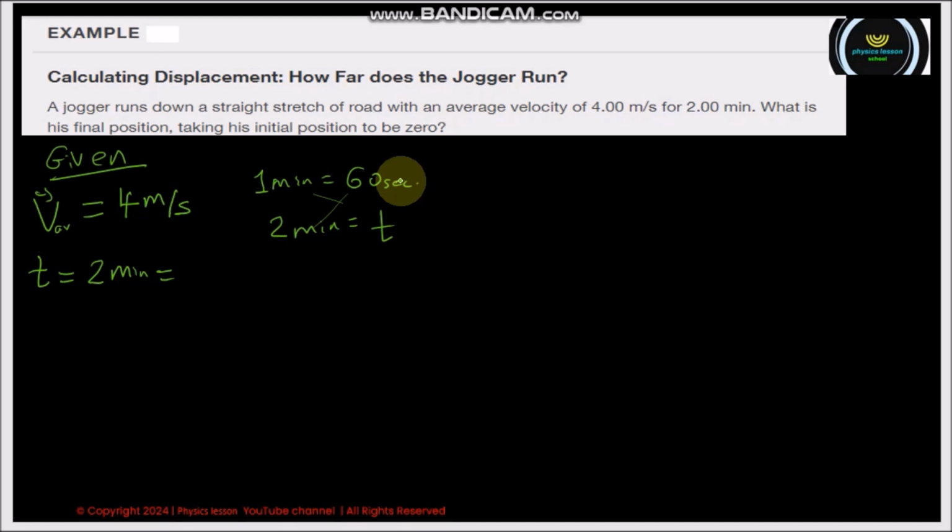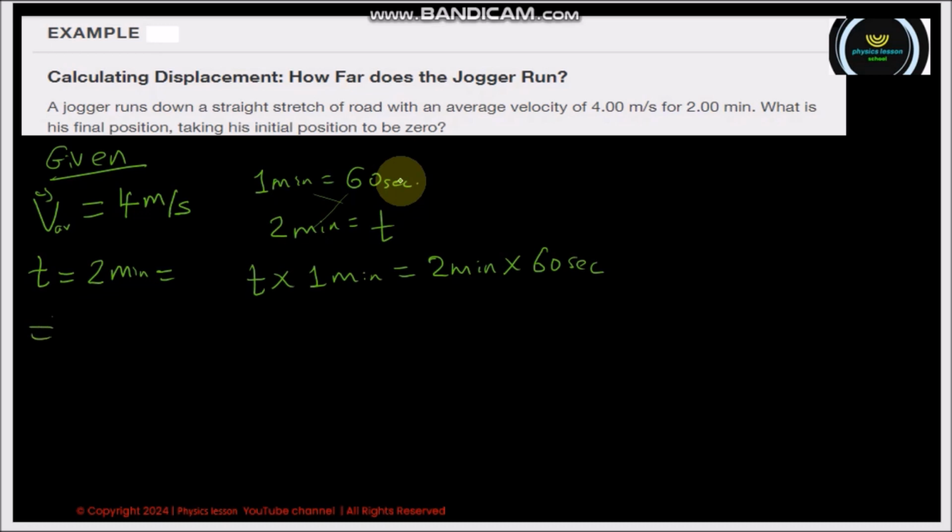This implies t times 1 minute is equal to 2 minutes times 60 seconds.